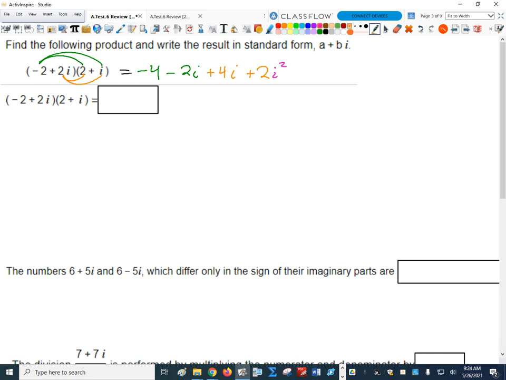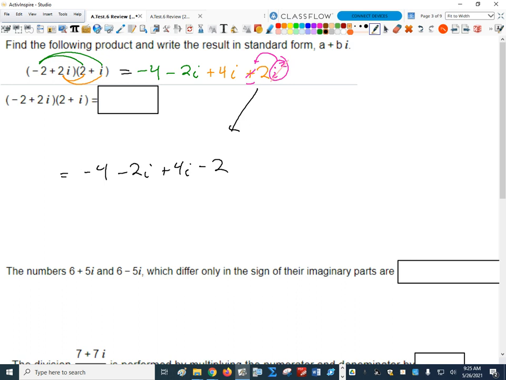And again, the i squared, exactly, it's going to turn that into a -2, right? And so if we rewrite that, we end up with -4 minus 2i plus 4i minus 2.